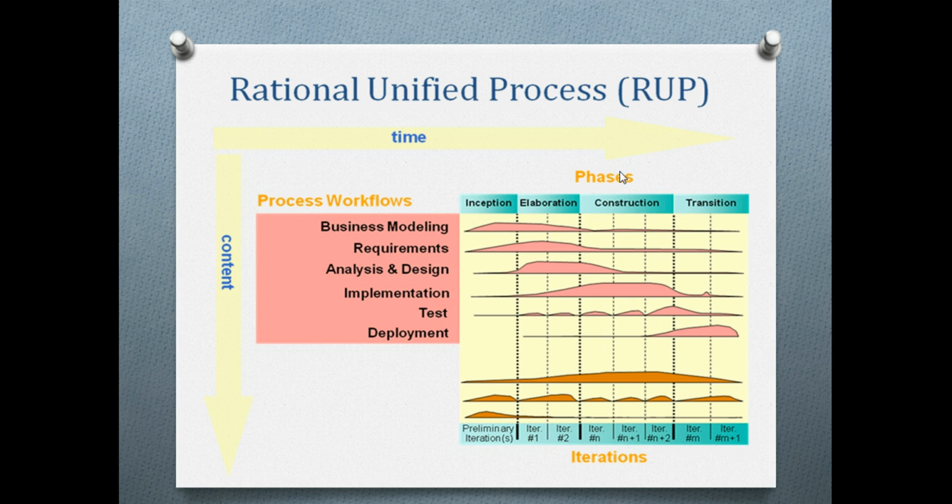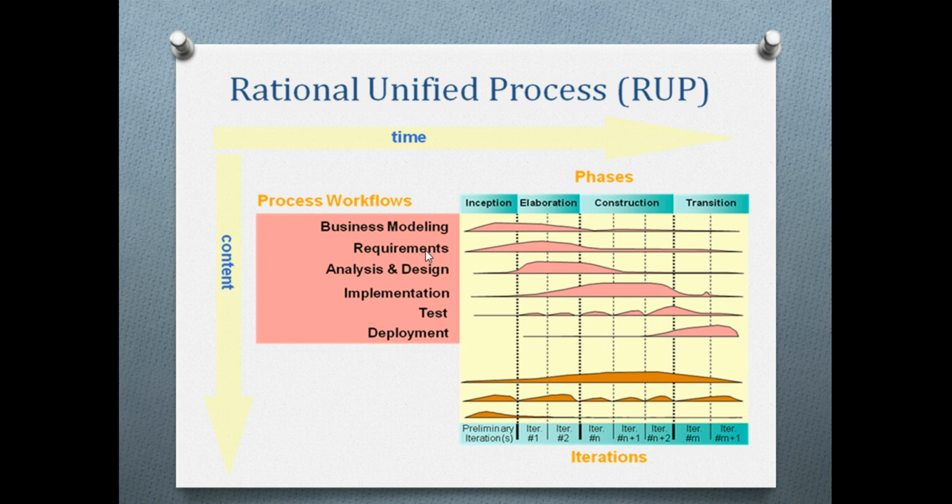For example, in the inception phase, we pretty much focus on business modeling only, and till the elaboration phase we are doing business modeling. We are doing very little in the construction phase. After construction, there is nothing we can do in the business modeling phase, so we are not going to model anything new.